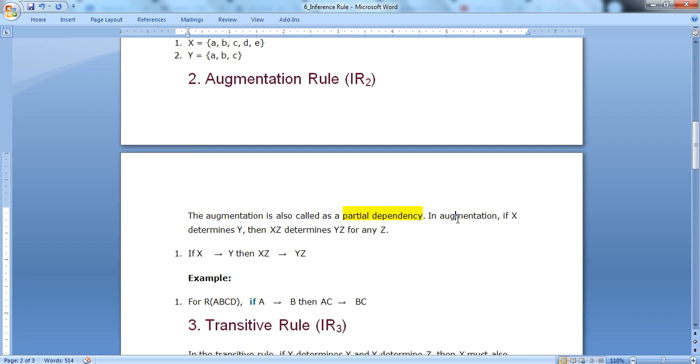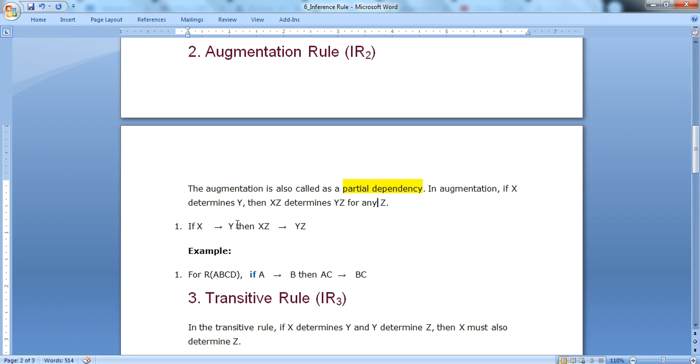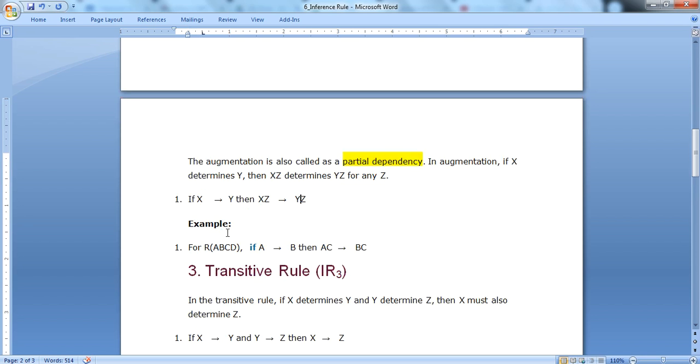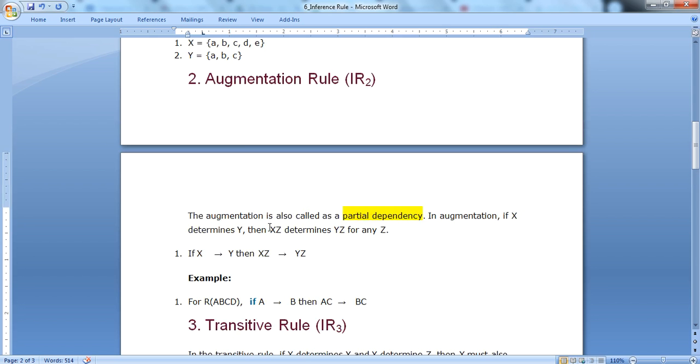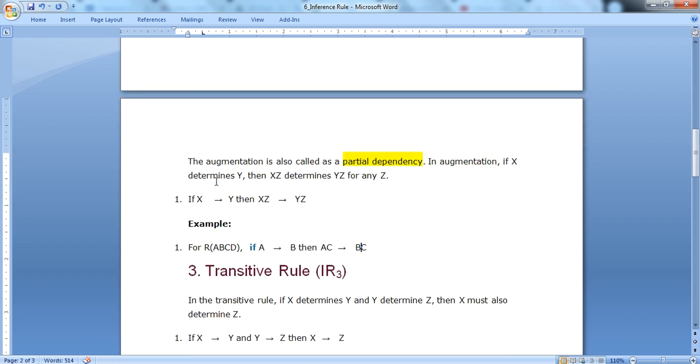In augmentation, if X determines Y, then XZ determines YZ for any Z. For example, for a relation with ABCD, if A determines B, then AC determines BC. That is simply the augmentation rule.